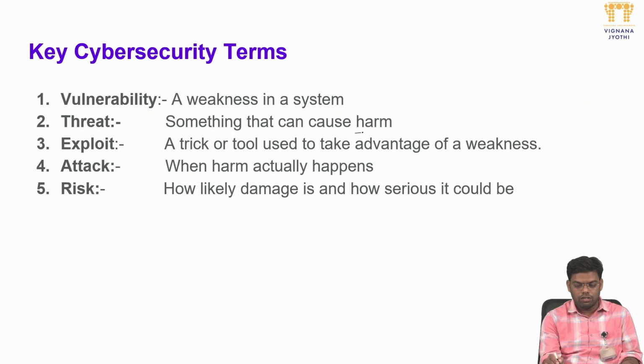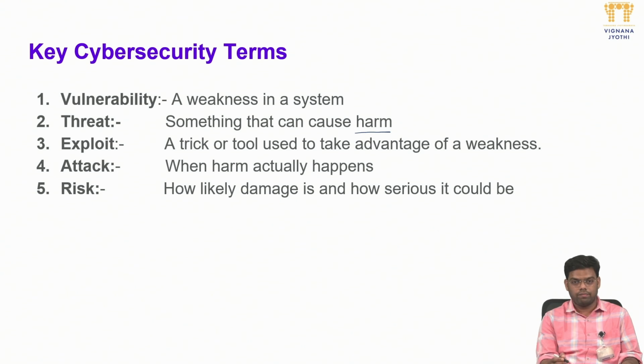In other words, it's a possible danger where an attack has not been reported yet, but it creates a possible danger, and we try to analyze the risk of it. So this can be termed as a threat.